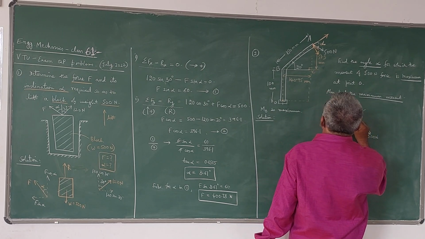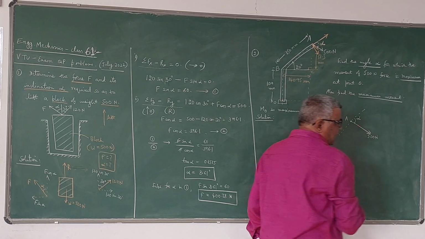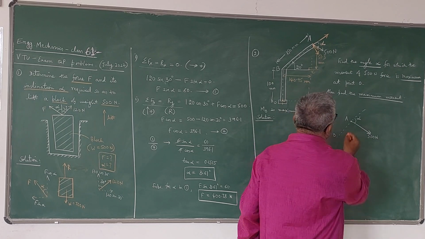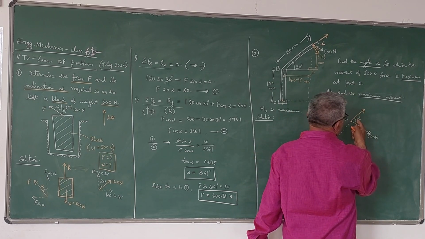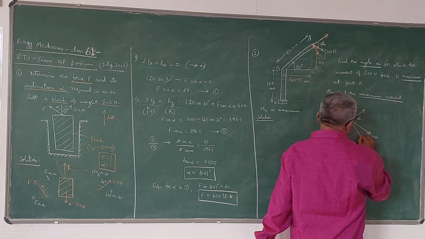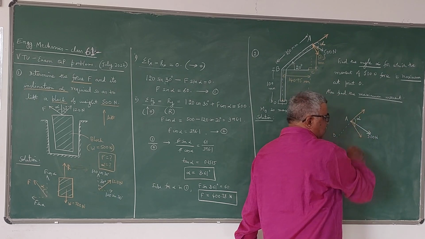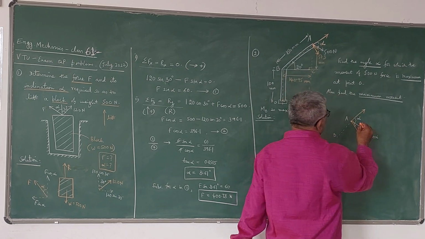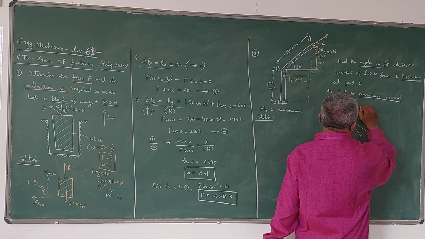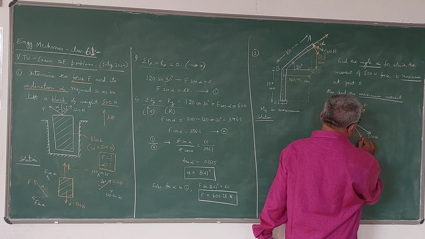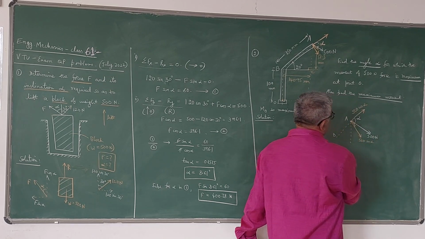Here this angle he has given as alpha. We have to find the value of alpha. I will resolve one force like this, another like this, so that the angle between these two is 90 degrees. So this becomes 500 cos alpha, and this becomes 500 sin alpha. So this is the diagram.